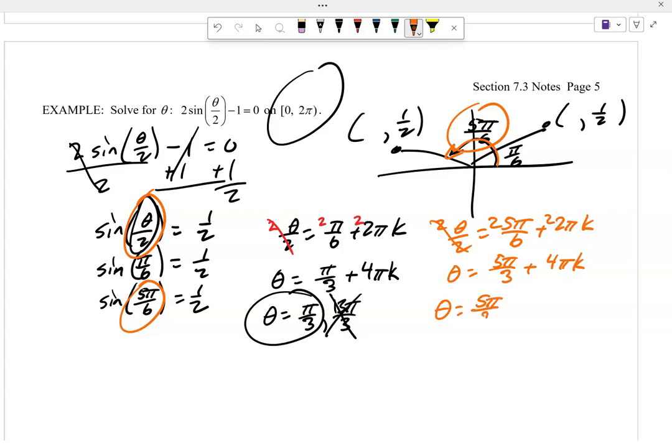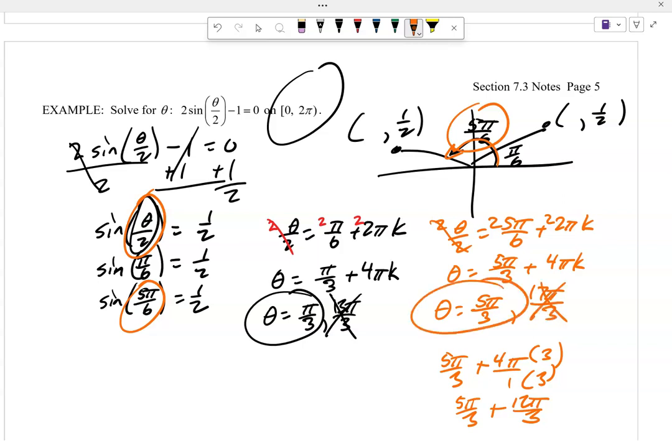That'd be 5π/3. Let k be 1. I'd have 5π/3 plus 4π. Get a common denominator. You have 5π/3 plus 12π/3. That's 17π/3. Again, that's more than 2π. 2π is 6π/3. So I got to stop right there. So I just have these two answers, π/3 and 5π/3 for this one.